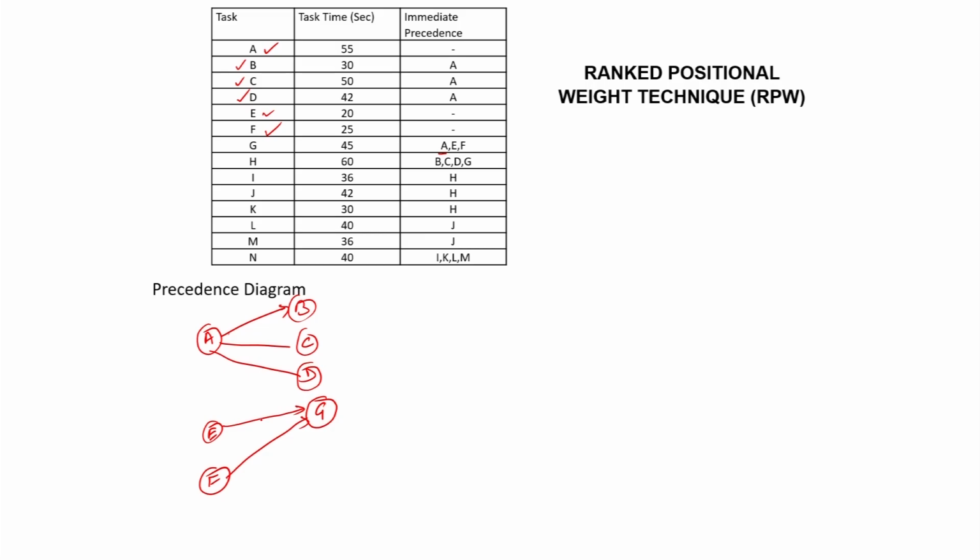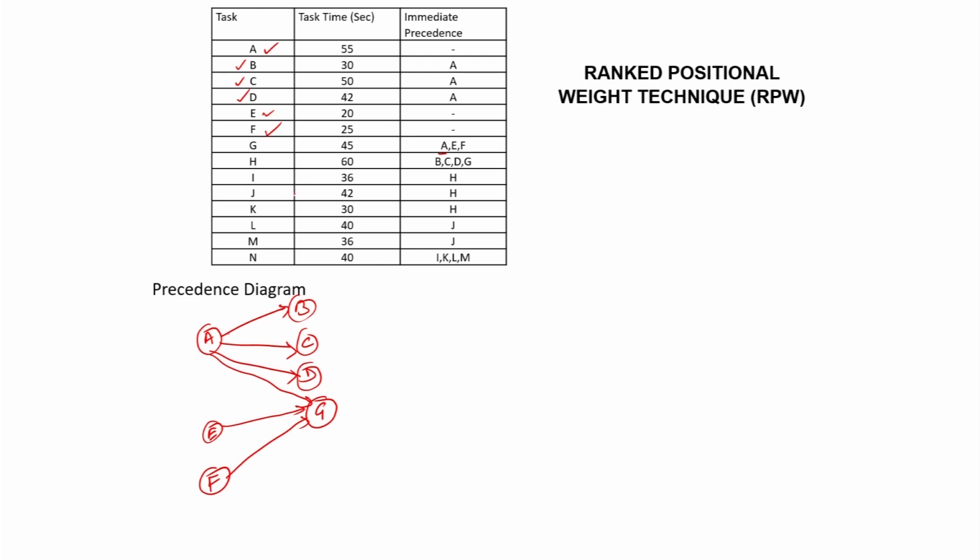So, I can do G only once A, E and F have been done. Like this I can draw the diagram here. So, I can do B only after doing A, I can do D only after doing A, I can do G once A, E and F have been carried out.